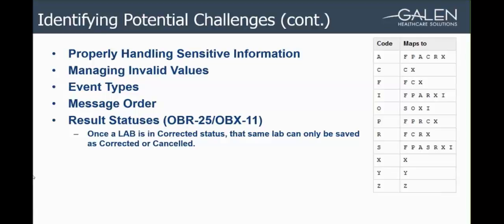Because the lab is already in a final status, it cannot be updated by a message with a result status of preliminary because the final result has already been loaded. The same result has already been loaded with the status of final. You want to be aware of the requirements around result statuses when loading results into your system. Some HIEs advise not to deal with certain result statuses to avoid some of the complexity around this that can occur.